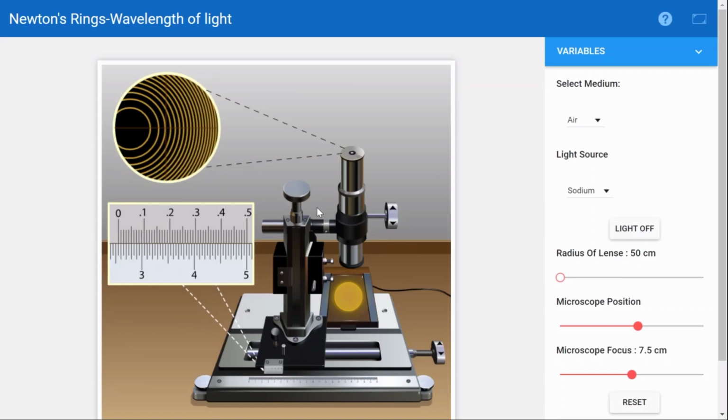Okay, we are following SI. Then you can convert it into nanometer or angstrom.